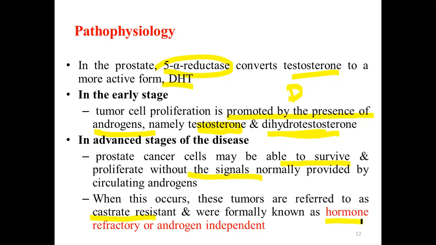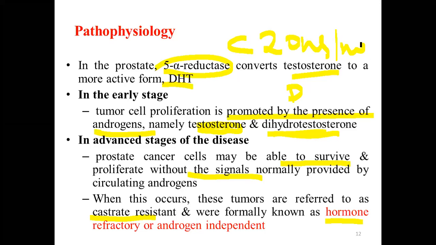By the way, there is a scenario whereby you castrate the patient, and when you check the testosterone level, it is less than 20 nanogram per ml. Then you have achieved castrate level, but the patient is not improving clinically. That is where we call it castration resistant, hormone refractory, androgen independent tumor.